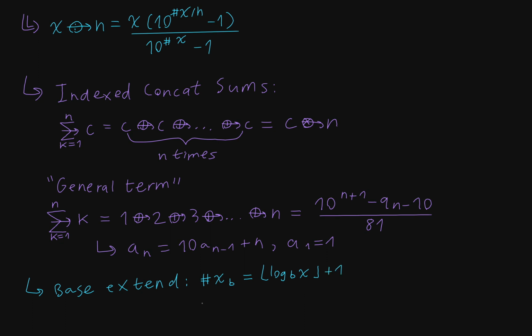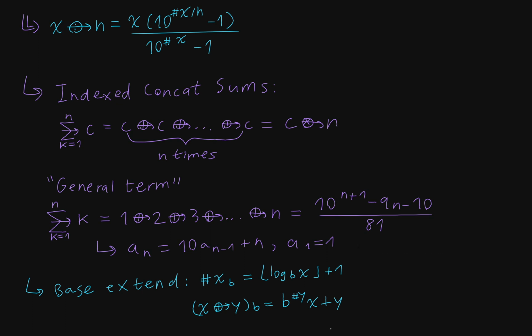And what happens to also work is that if we have x concat y in base b, we can also just replace the 10 with a b. So we'll have b to the digit count of y times x plus y. So there's this potential that we can also extend this to other bases.